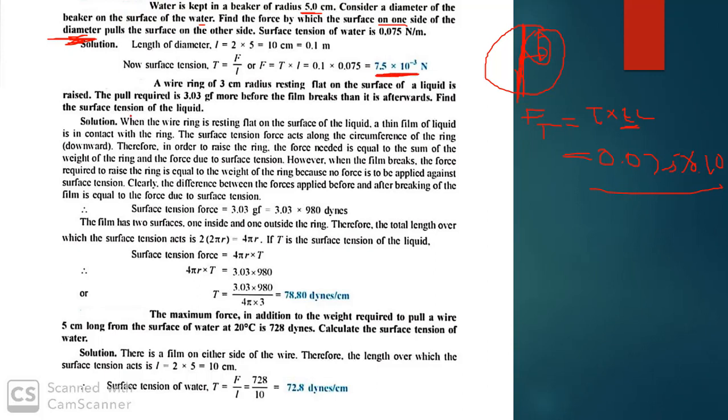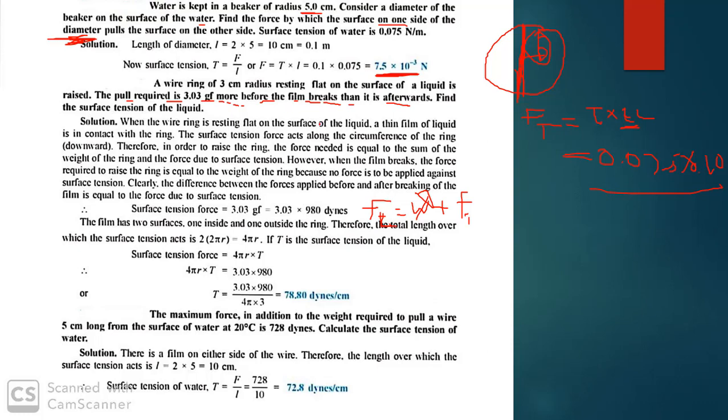You have a wire ring of 3 cm radius resting flat on the surface of liquid is raised. The pull required ni hiyo, more before the film breaks than it is afterwards. Find the surface tension. So tunajua lift force ni sawa na weight plus force surface tension.